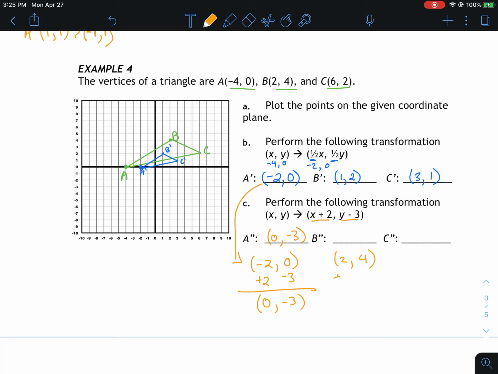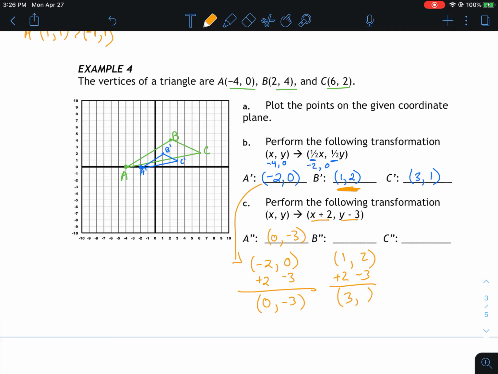For letter B, I have 2, 4, and I'm going to add 2 to my x and subtract 3 from my y. So this gives me 4, 1. Then for B prime, I did that one wrong. Sorry, I actually used the original B value instead of the B prime value.